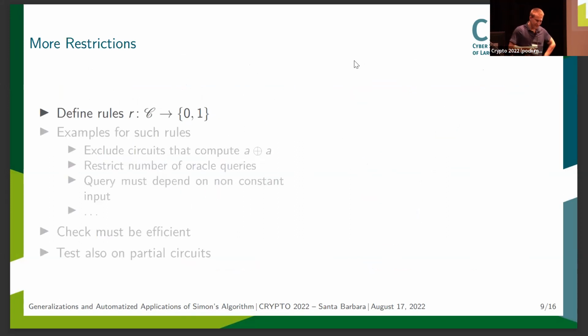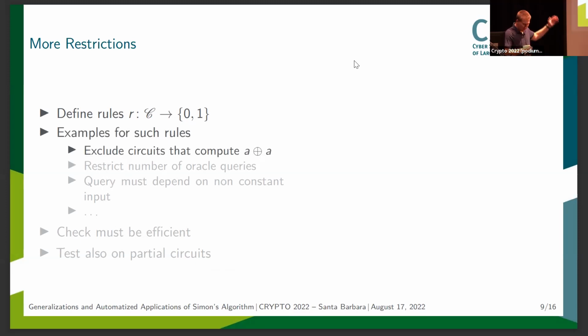So we need even more restrictions. And to do so, we just say that we want to define some rules, and a rule just takes a circuit as input and then outputs 0 or 1, depending on whether the circuit is useful or not. And just some examples for such rules.